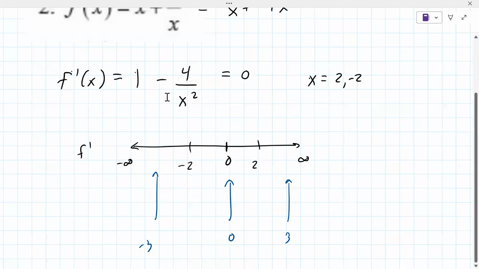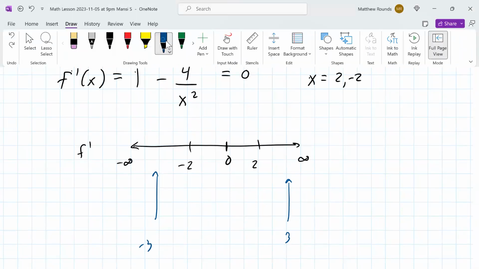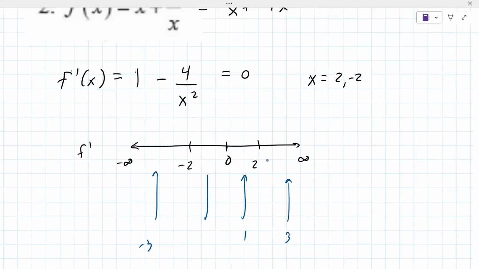Do you see that it's undefined there at 0? Okay, so 0 can't be a test point. It seems like a good point, but you also have to consider those things. So you want to test a point on either side of it. So we'll go with 1 and -1.